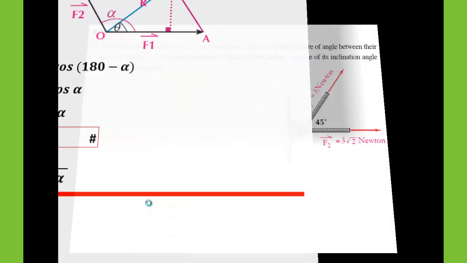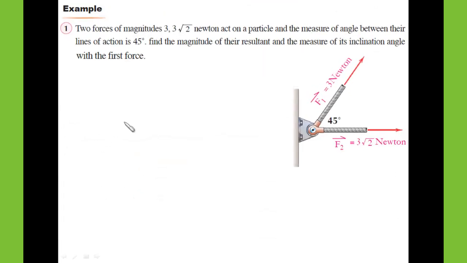Okay, let us solve some problems to use these rules. Example: two forces of magnitude 3 and 3 root 2 Newton act on a particle, and the measure of the angle between their lines of action is 45.